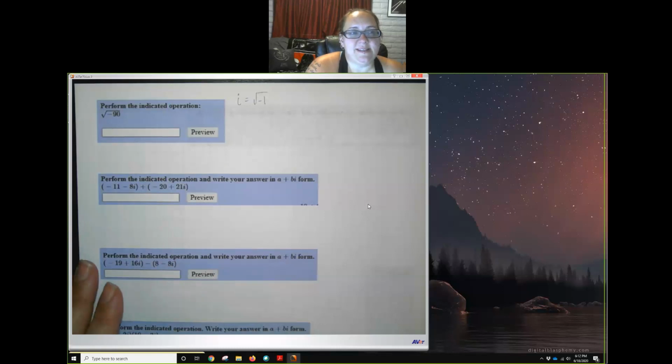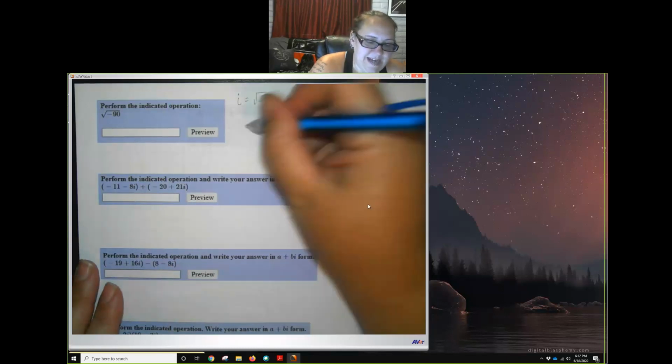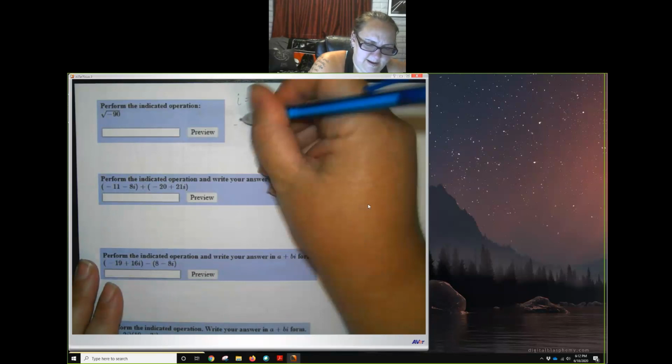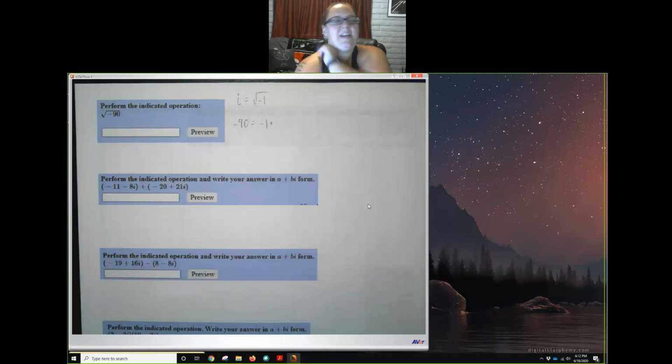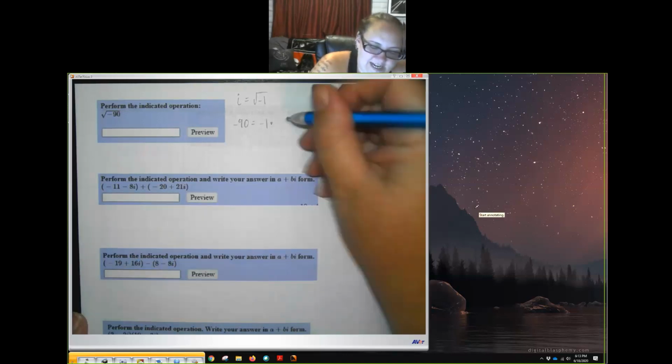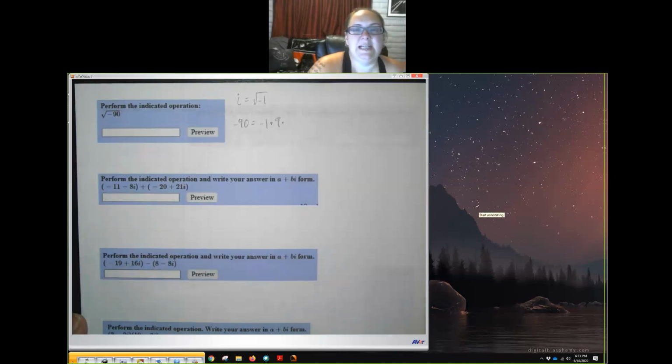So I'm going to break negative 90 down into negative 1, and then I'm going to ask myself, is there any number that is a perfect square that I can divide out of 90? Yes, that perfect square is 9.